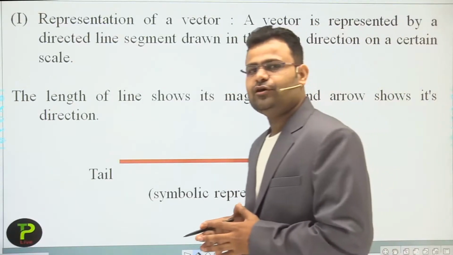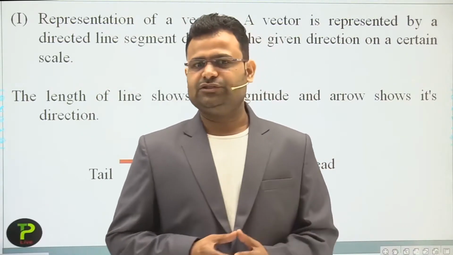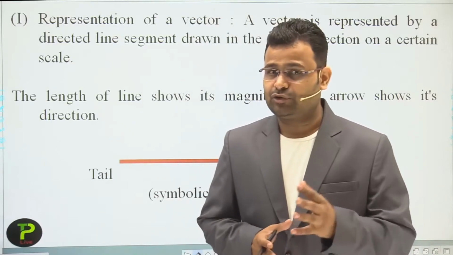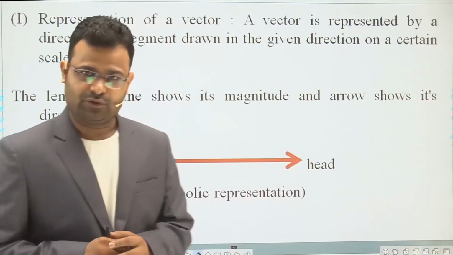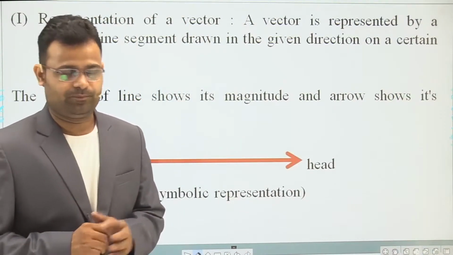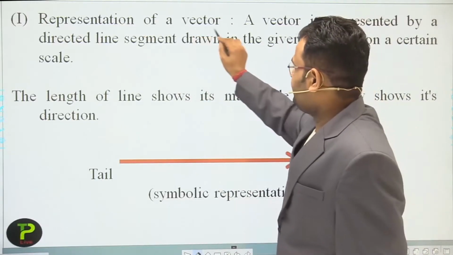Okay students, now some representation of vector quantities. Basically, dear students, in previous classes you drew some scales and some graphs. Similarly, we use some graphs here, in vector form. What is the representation of a vector?